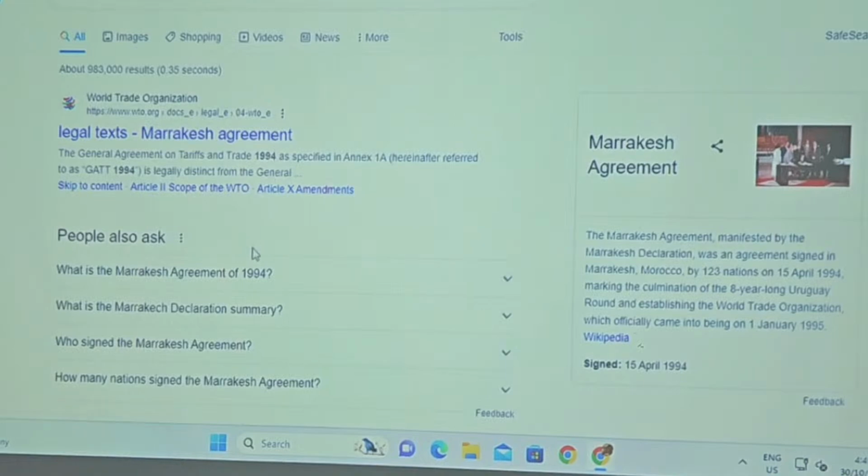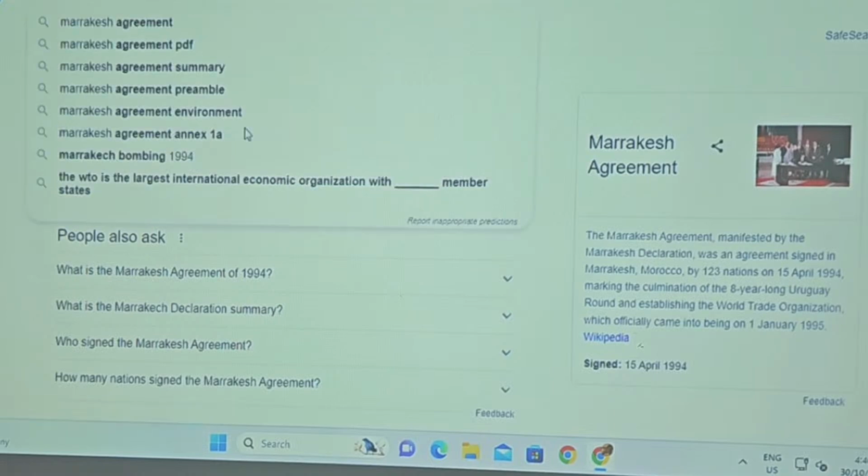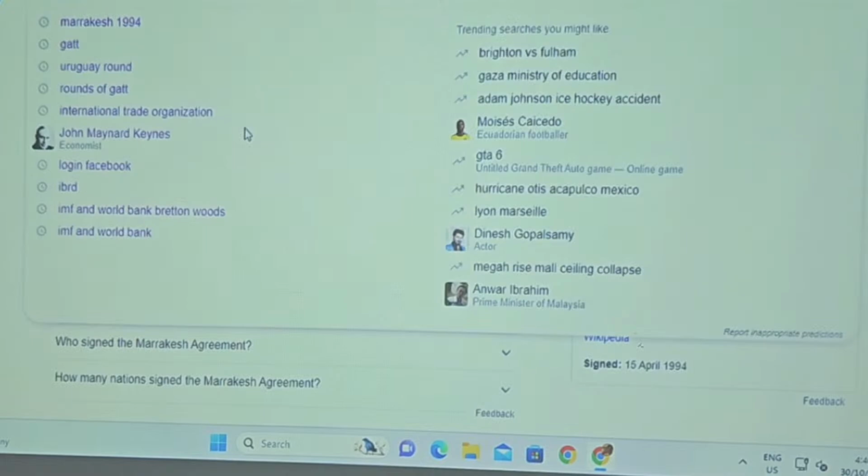They met in Marrakesh in April 1994. They agreed to do what?